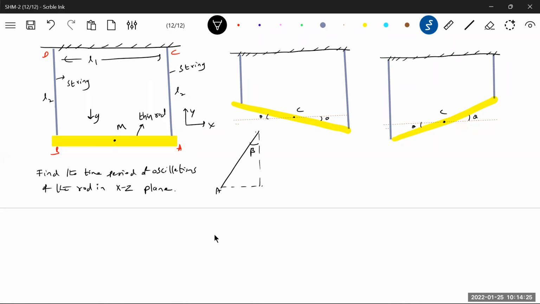So slightly, when the rod rotated in the XZ plane, this string will make some angle. Let that angle be beta. This is the C. Let this distance be x, and this length is L2. And the tension will act here in this direction. Let me call this T naught.